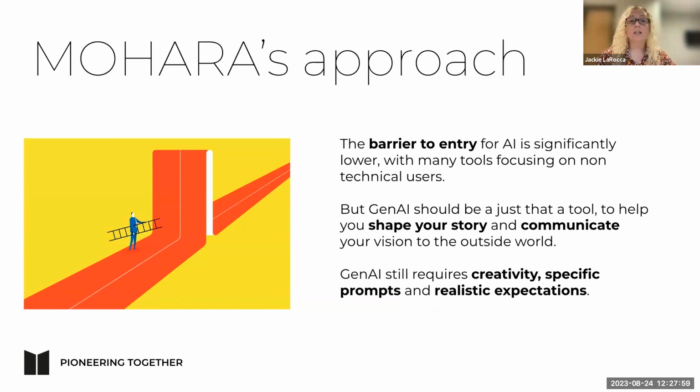The barrier to entry has been lowered significantly in the last couple of months, obviously with ChatGPT, etc. But if anyone's tried to quickly use ChatGPT instead of doing research, you understand you don't always get the right answer with the right prompt on the first question. You still need to prompt these very sophisticated tools in a very specific way to get the answer you want.